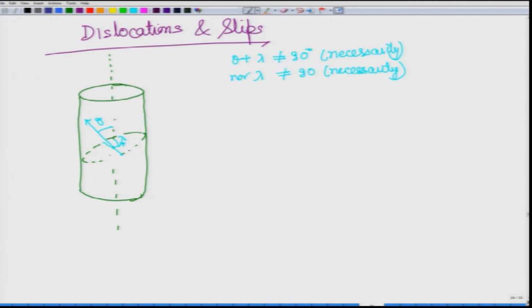Whenever we draw something like this, we end up believing that theta plus lambda has a relation, or that lambda has a relation with this axis, but that is not true.